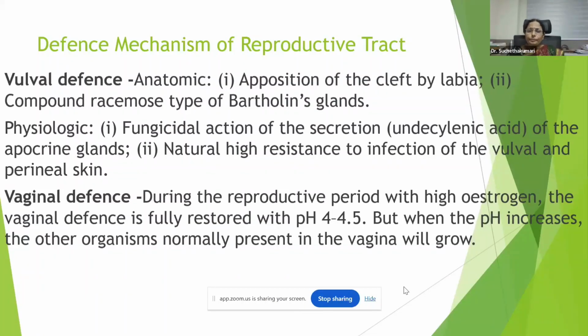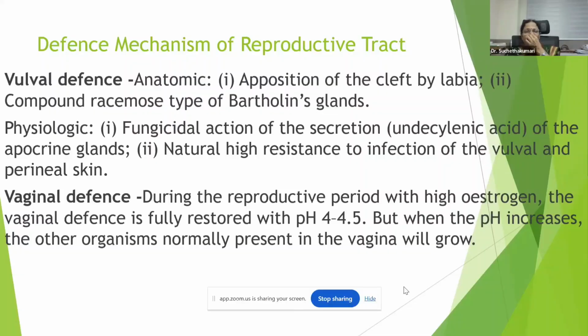When we see the reproductive tract, the organs starting from the vulva till the uterus, we see that there is a very good defense mechanism. So let us briefly see these defense mechanisms of the reproductive tract. The first one is the vulval defense.